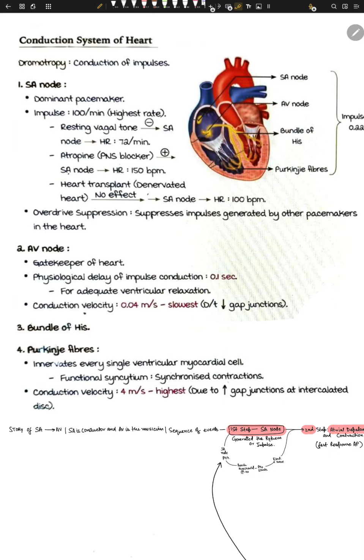When the SA node fires, it sends an impulse through the heart, which resets the membrane potential of the AV node and Purkinje fibers before they can depolarize themselves. Over time, the constant depolarization causes the sodium potassium ATPase pumps to become more active in these cells because of the increased intracellular sodium.